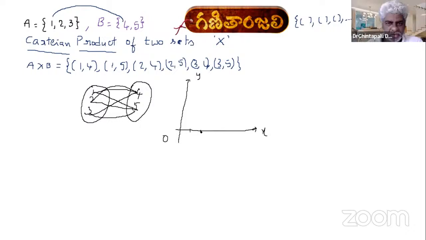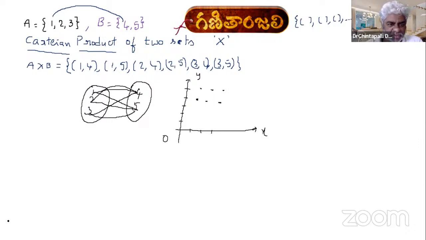On the axes 1, 2, 3 and 1, 2, 3, 4, 5: first 1, 4 is one point, then 1, 5, 2, 4, 2, 5, 3, 4, 3, 5.